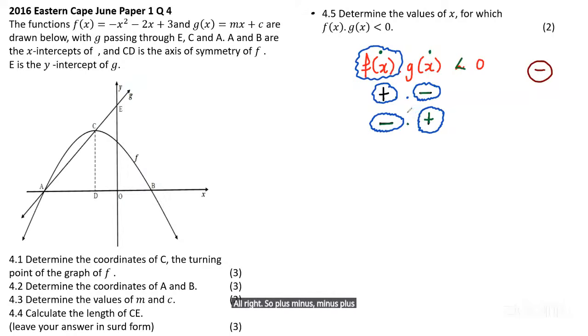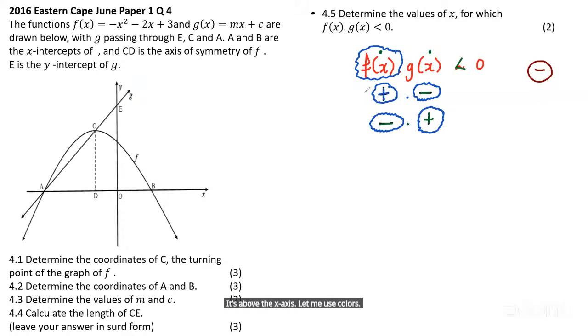What do you mean when you say the graph of f of x is positive? It means the graph is above the x-axis. So whenever a graph is positive, it's above the x-axis. Let me use colors.